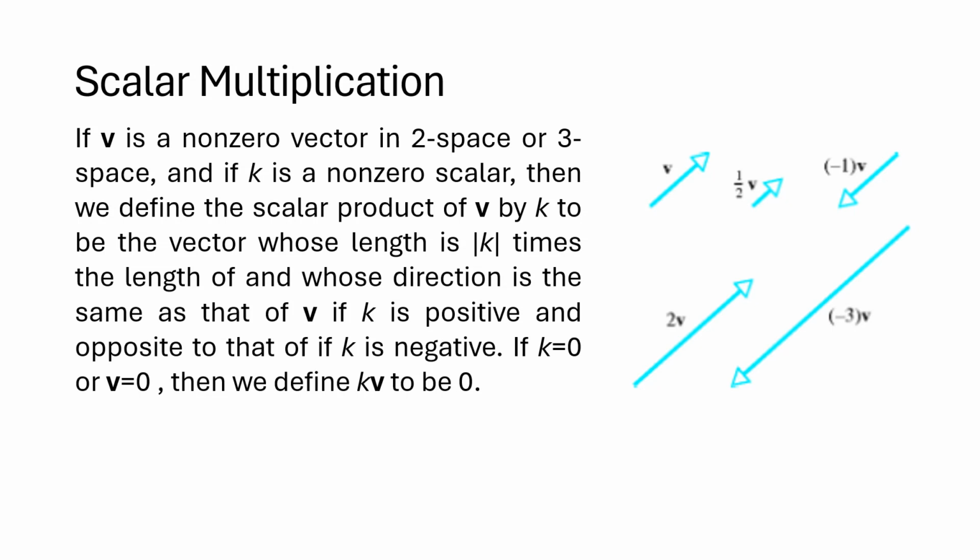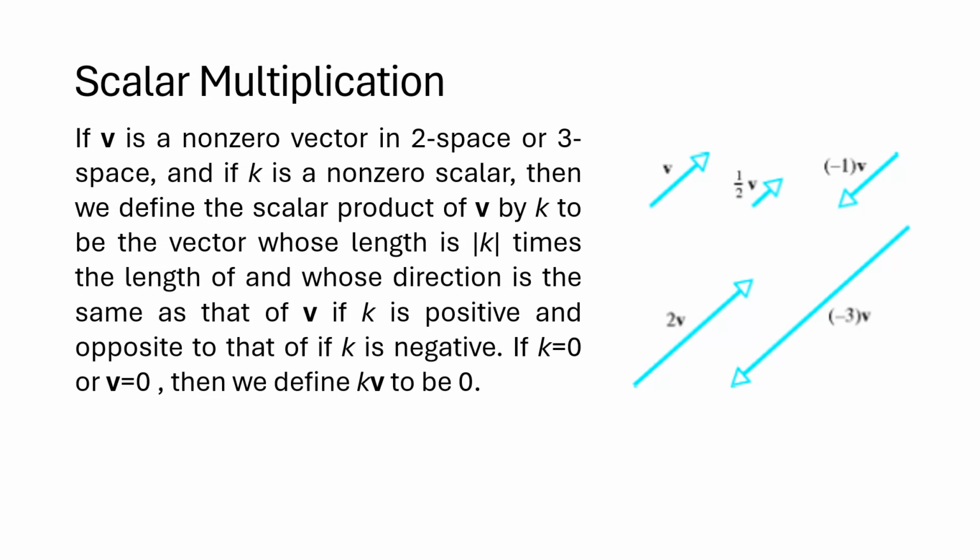As an example, 2v denotes the vector that has the same direction as v but twice the length. And negative 2v denotes the vector that is oppositely directed to v and has twice the length. So we have this general result.